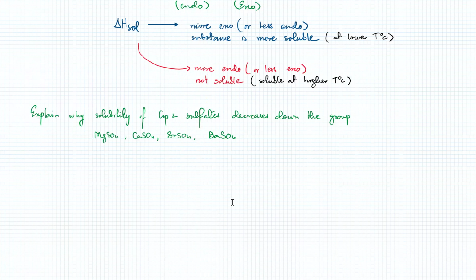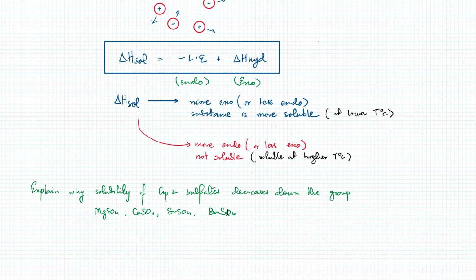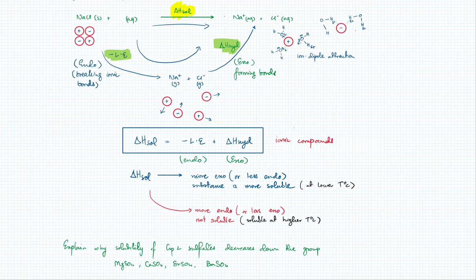So yesterday, based on this Hess cycle, we had to justify, we stated two things, that enthalpy of solution of ionic compounds, and remember, this is only for ionic. We're only talking about ionic compounds here. Okay. So you break the lattice and then you hydrate the gaseous ions.